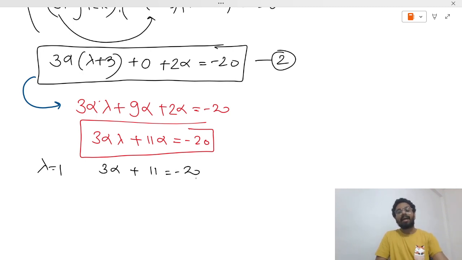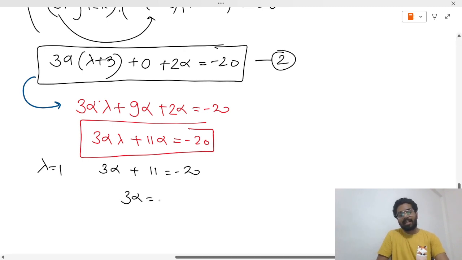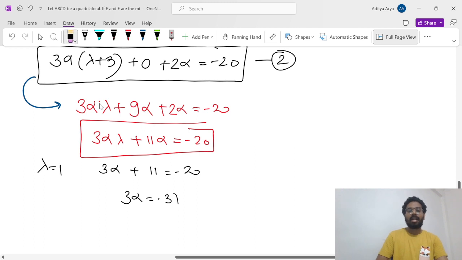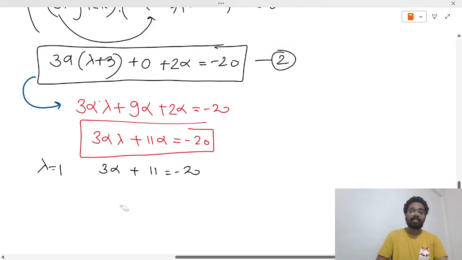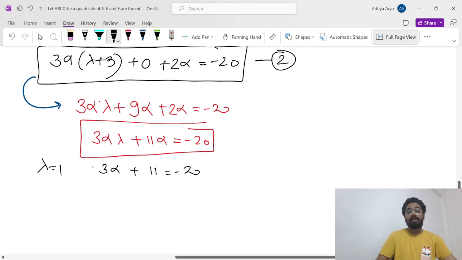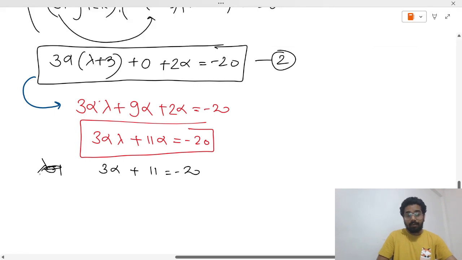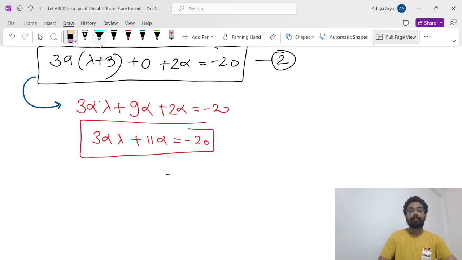Sending it to the other side, you will have minus 31. So I am probably not expecting alpha or lambda to be non-integer values. So let's do one thing: if I take alpha equals minus 1 over here, my mistake, then what will happen?